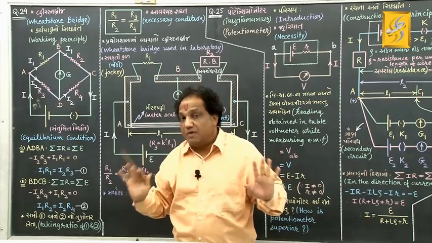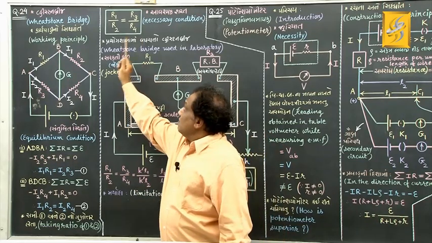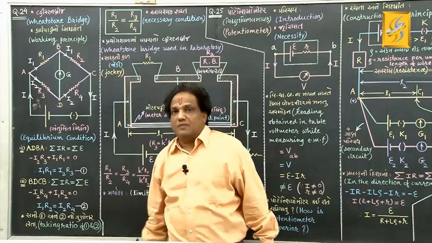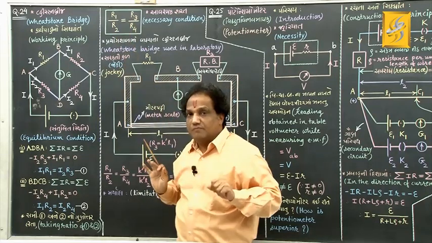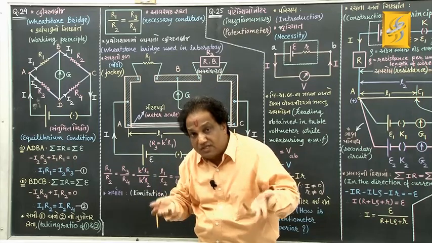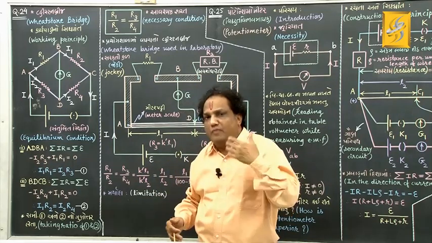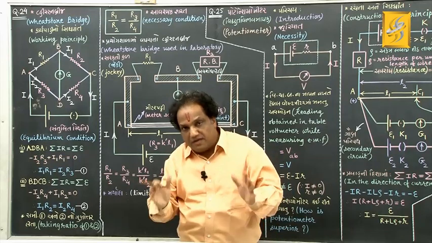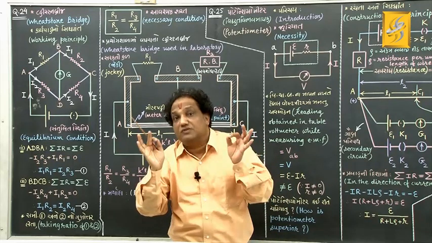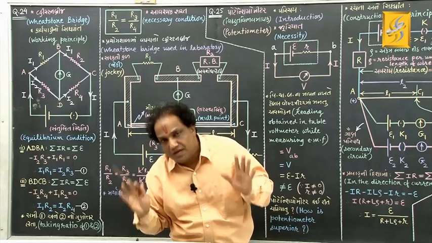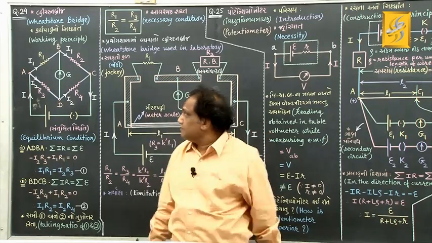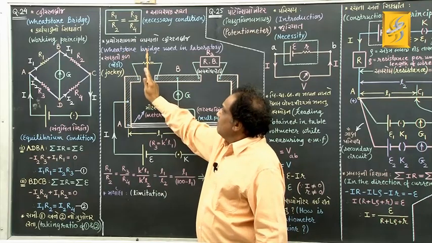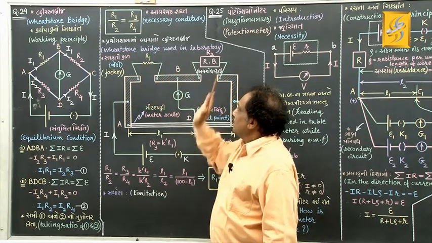Got it? But now tell me, you can apply this equation provided you know the values of R2, R3, R4. But how to make those resistances known? To make them known, we have prepared a specific Wheatstone bridge which is used in the laboratory. Okay? Now what is that Wheatstone bridge used in the laboratory? Let us see now. Wheatstone bridge used in laboratory.